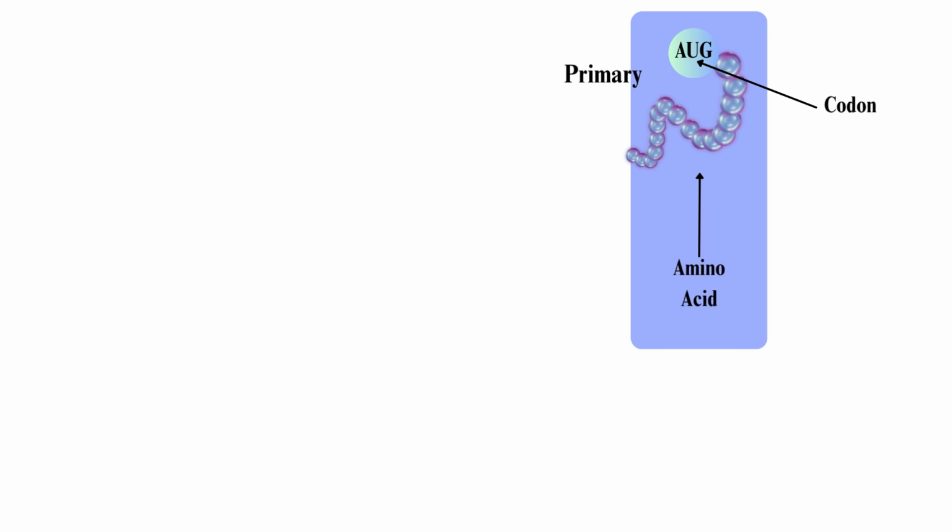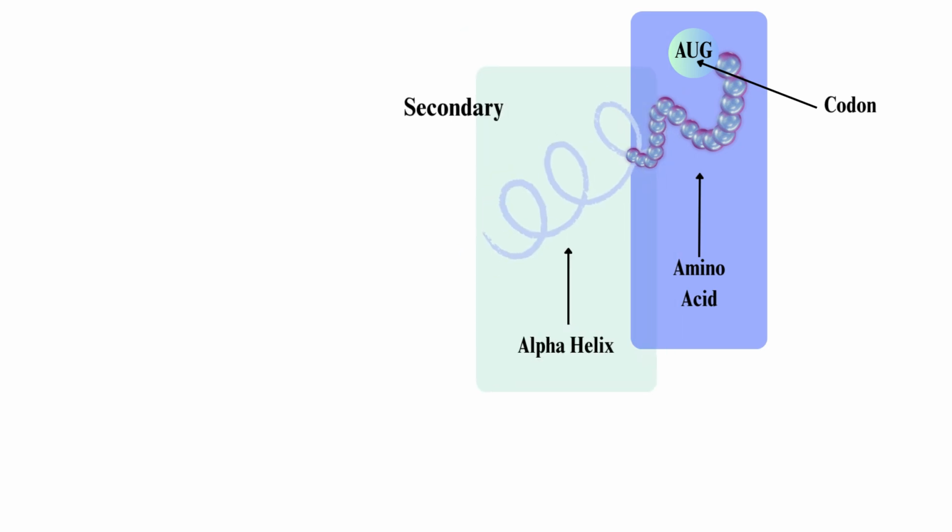Primary structure. This is the basic level, representing the linear sequence of amino acids linked together by a peptide bond in a polypeptide chain. Secondary structure. This level involves the local folding of the polypeptide chain into characteristic structures due to the hydrogen bonds formed between the backbone atoms.